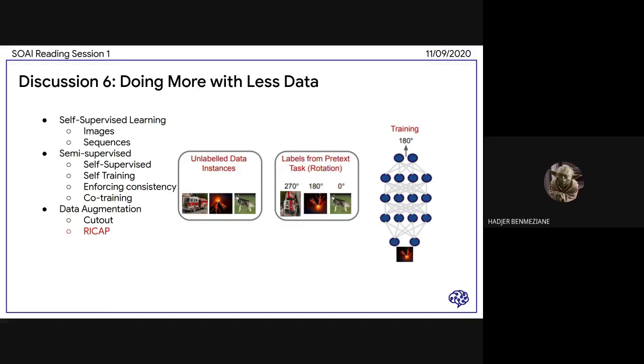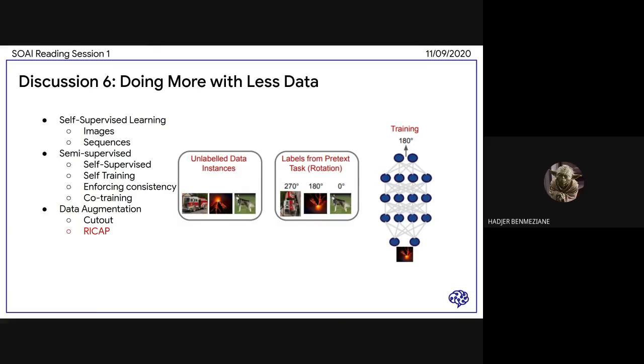We're trying to do the same thing: find data similar to the labeled data among the unlabeled data and give them the same label. So we go through the unlabeled data, try to find data consistent with the labeled one, and then give it directly the labeled one. So this is enforcing consistency.